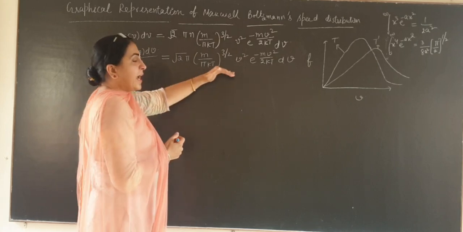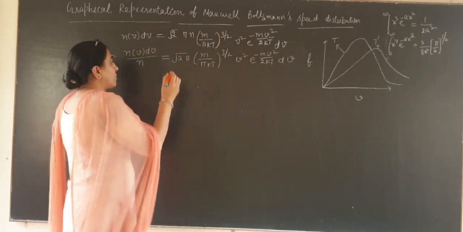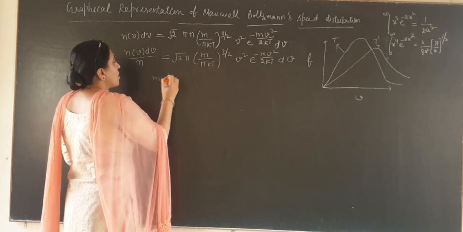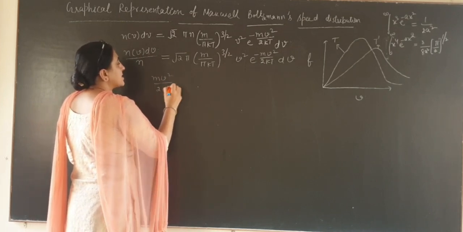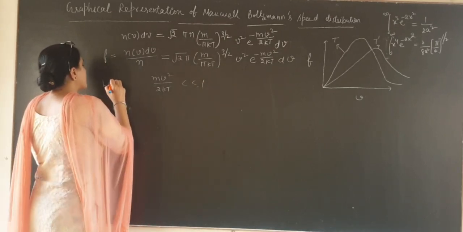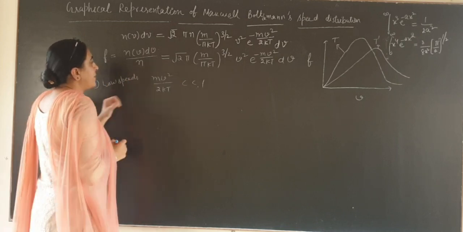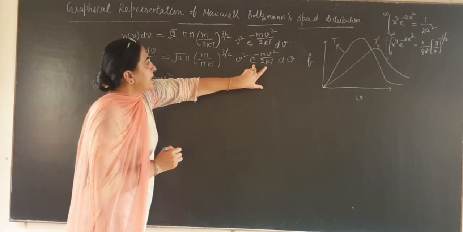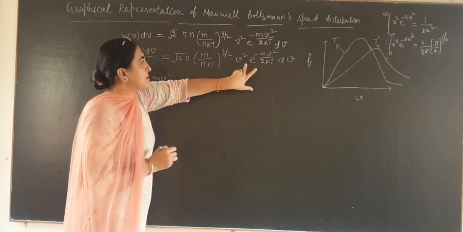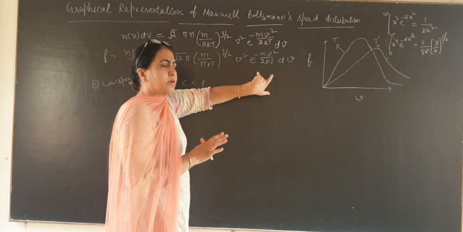Now at low speeds, when m v square upon 2kT is less than 1, the exponential term does not dominate and is approximately equal to 1.